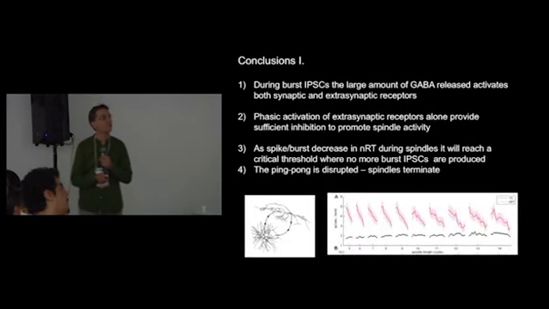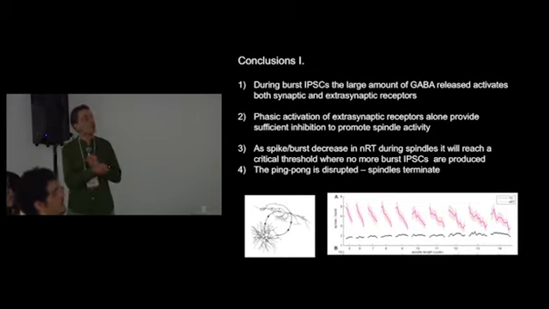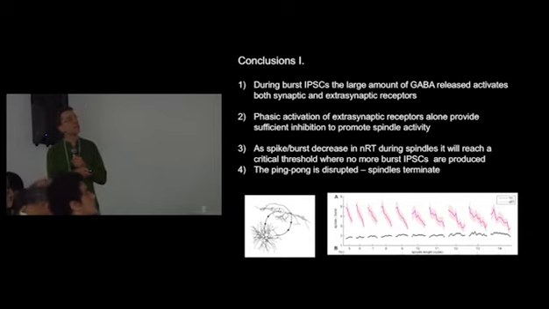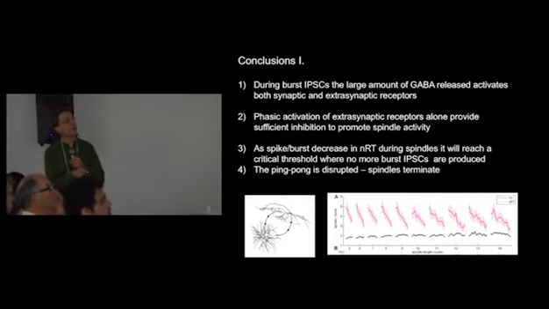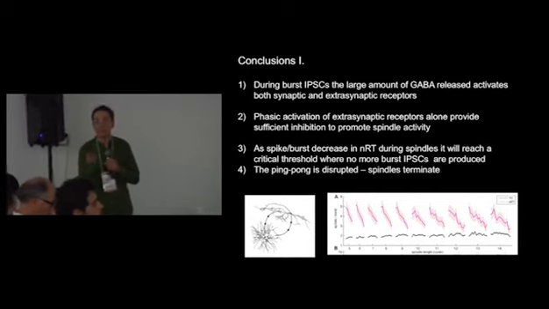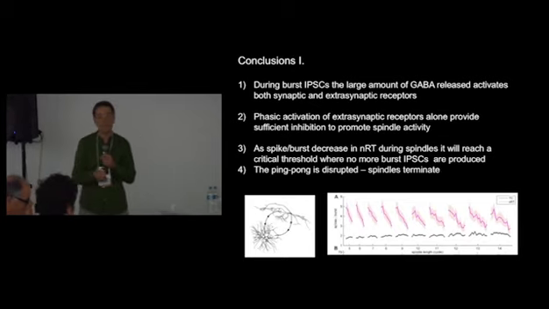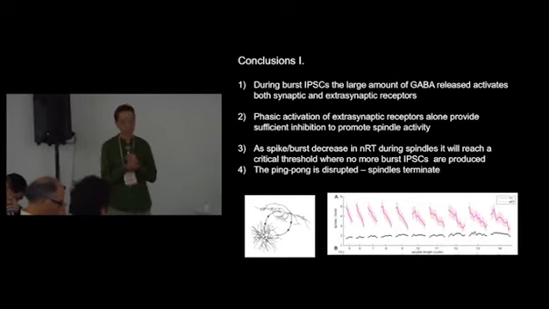So how can we put this together? It's clear that during burst IPSPs, GABA overflows and activates extrasynaptic receptors as well. It's also clear that this activation of extrasynaptic receptors alone is sufficient to maintain the excitation inhibition rebound, since we didn't see much changing in the spindle activity.